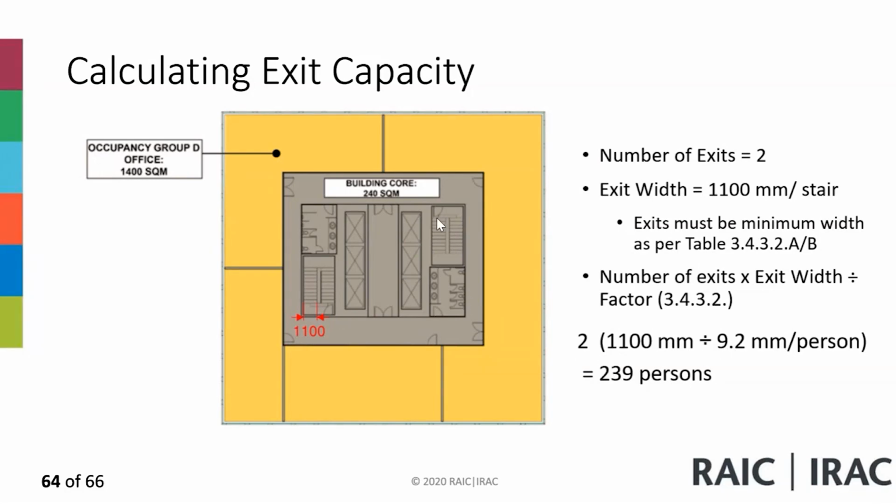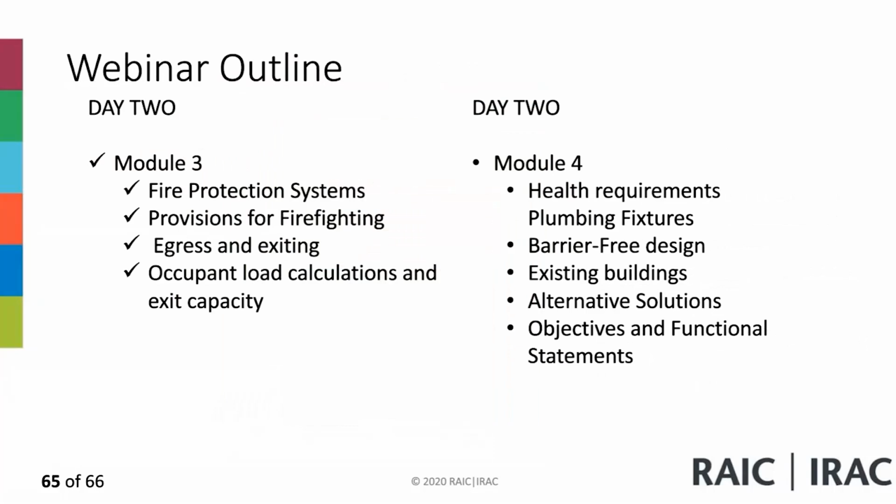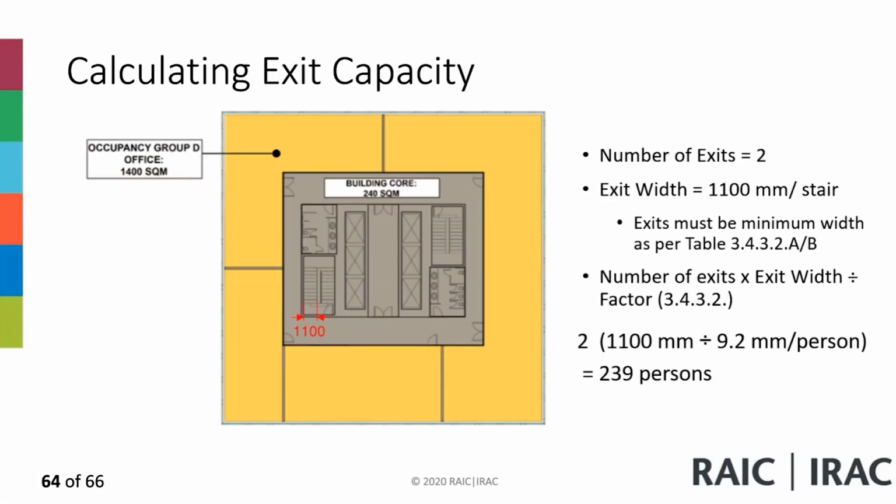The 2 is because I have 2 stairs. That's the total those 2 stairs can accommodate: 239 persons. So in general, those 2 exit stairs will allow a maximum occupant load on that floor of 239 persons. Okay? So with that, do we have any questions on this one?